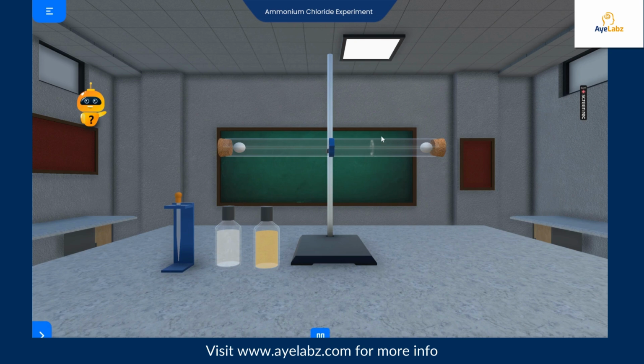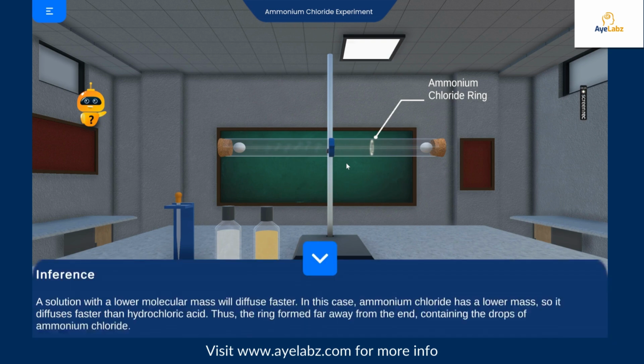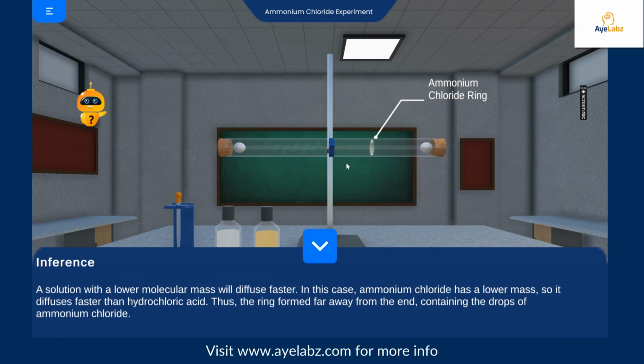After some time, you can clearly see that the ring is formed towards HCl, which clearly shows that if the mass of the particle is less, then it can move more distance than the higher mass molecules. The ring explains the ammonium chloride formation on the HCl side.